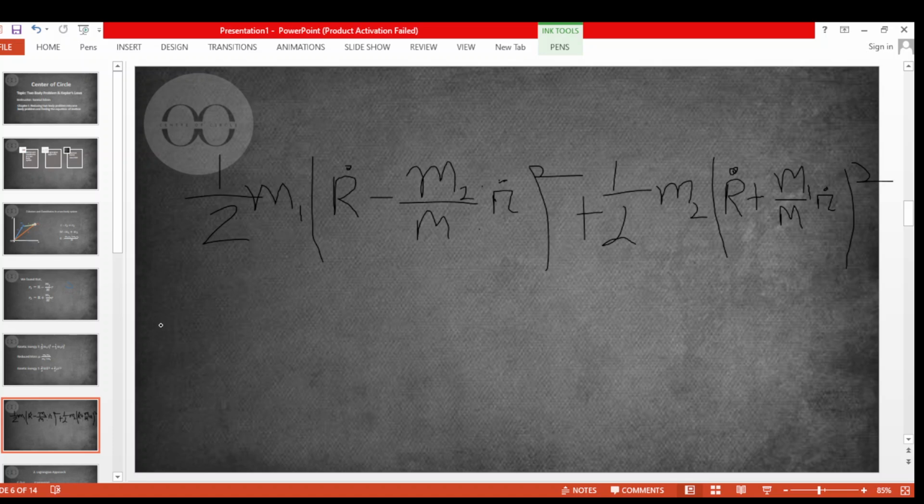Here I'm showing you, it is half m1 capital R dot square plus half m2 times capital R. Sorry, my R is a little bigger.